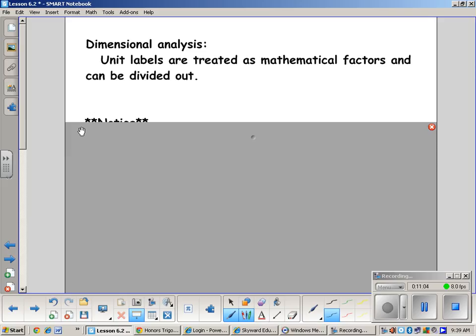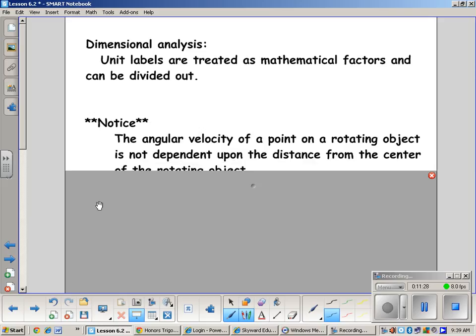So when you are finding angular velocity, your units are going to cancel just like you use it in chemistry. So that's not new to you.